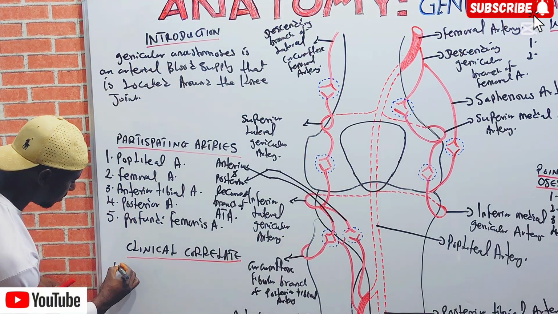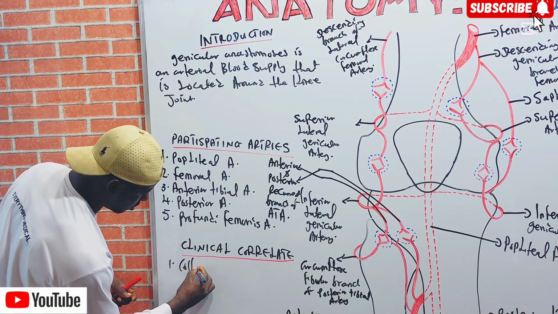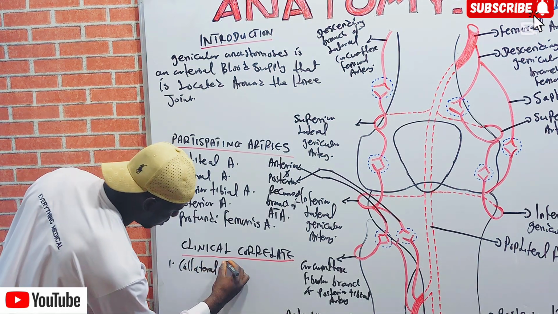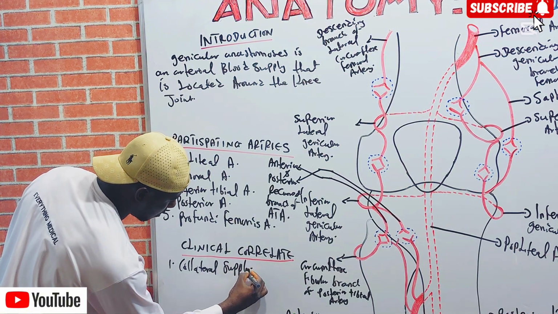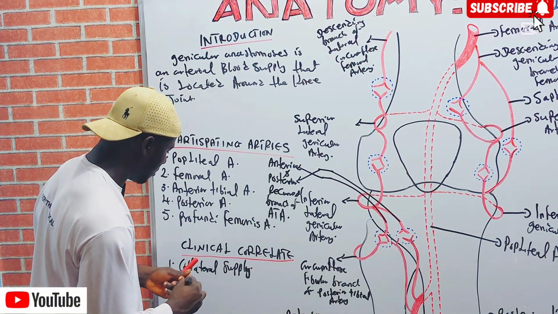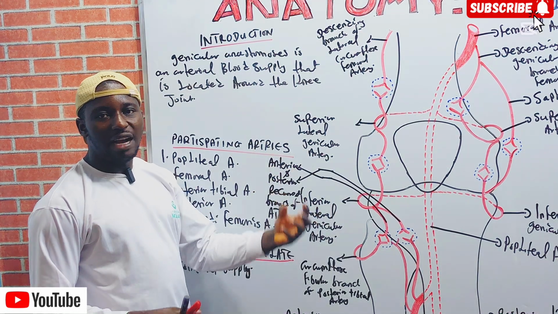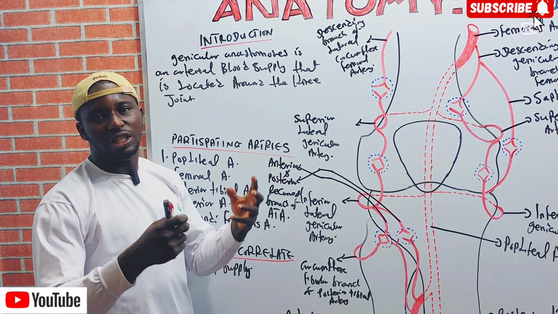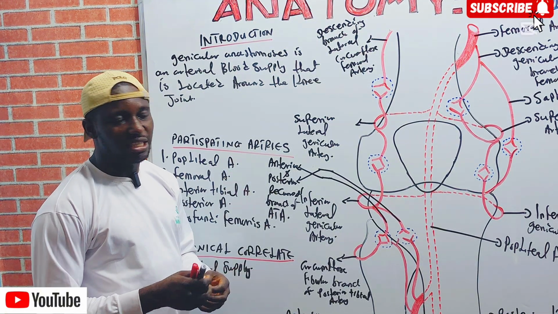Number one is collateral supply. Yes, the genicular anastomosis provides collateral supply to the structures of the what? Of the knee joint and the leg.